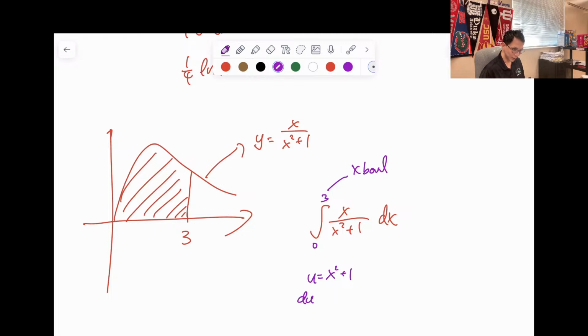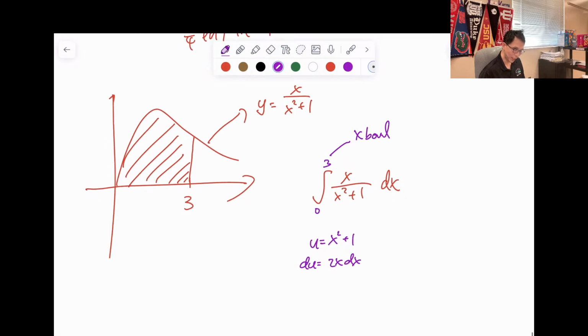Please, du, not just 2x, Brendan. 2x dx. And you also evaluate the dx. So that's going to be x over u, du over 2x. Do you see this x cancels out? And take a 1/2 out. du over u. Do you see that?